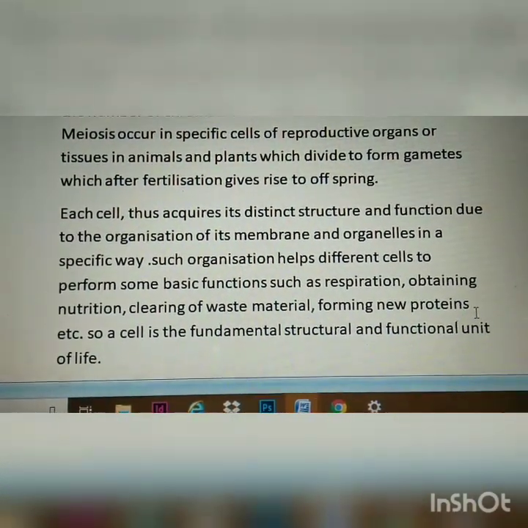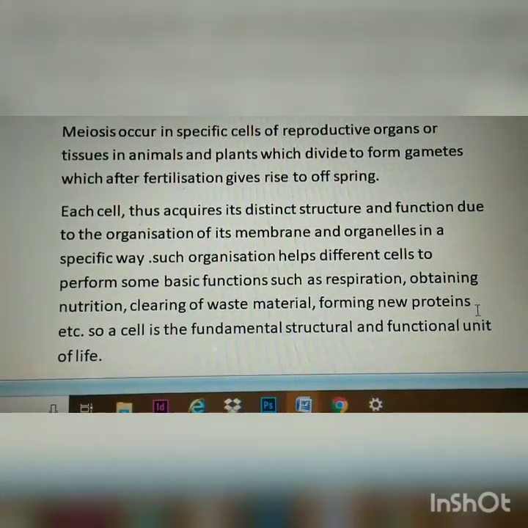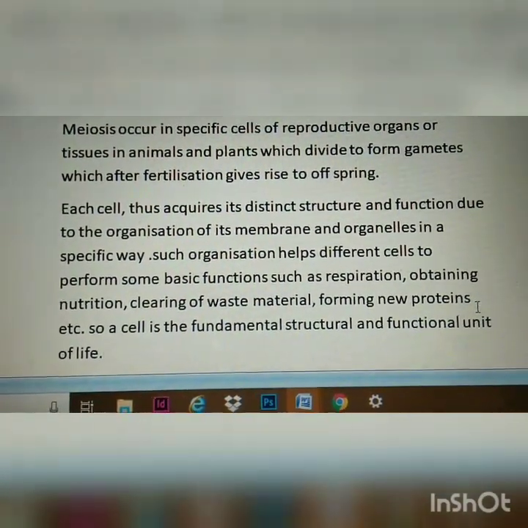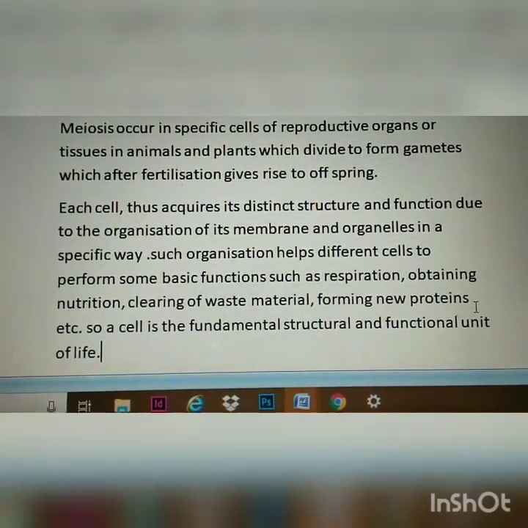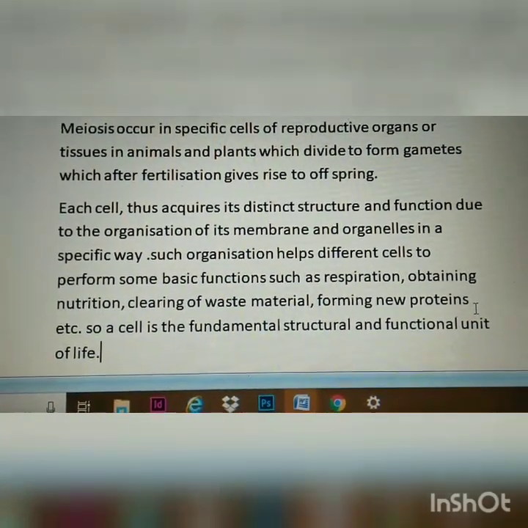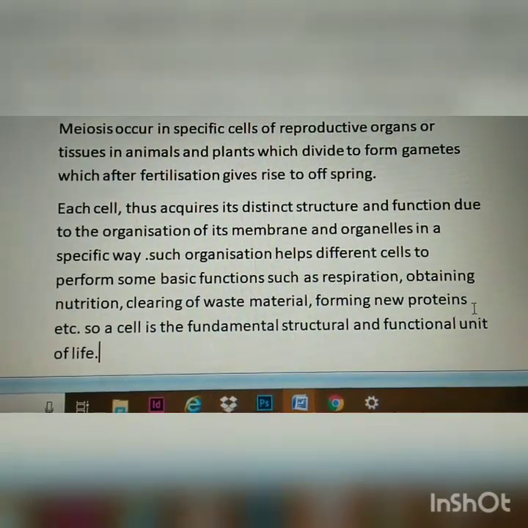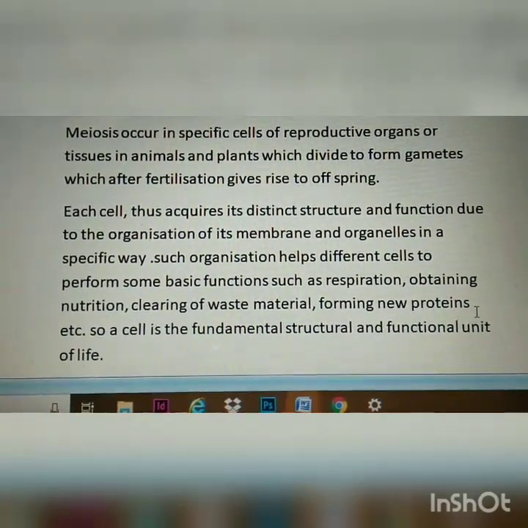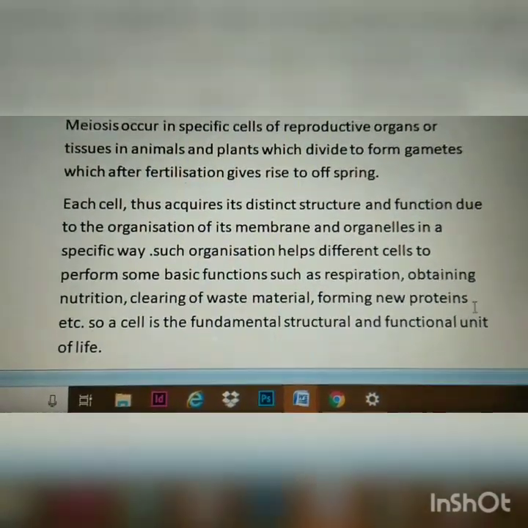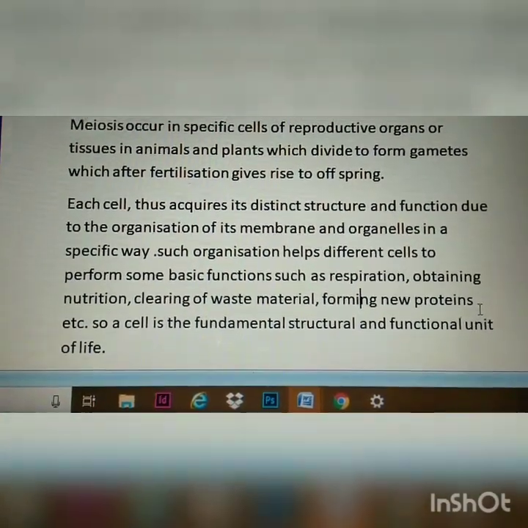Such an organization helps different cells to perform some basic functions such as respiration, obtaining nutrition, clearing of waste material, forming new proteins, etc. That's why we regard the cell as the fundamental structural and functional unit of life.